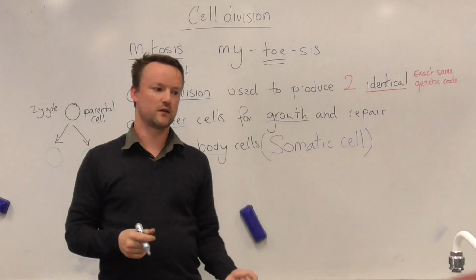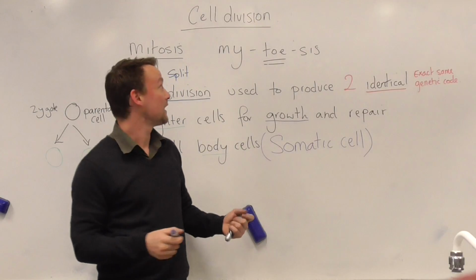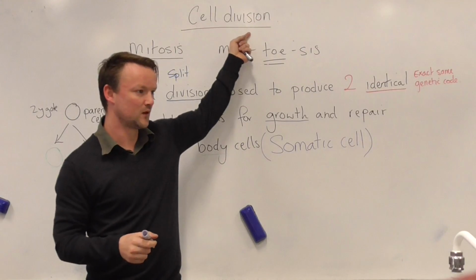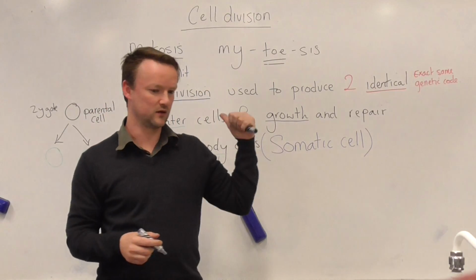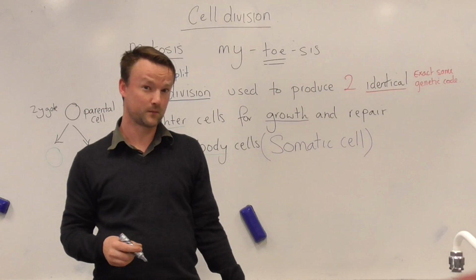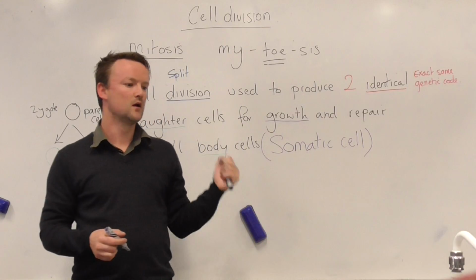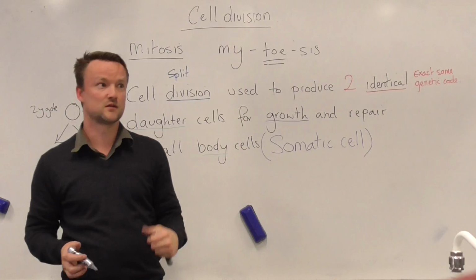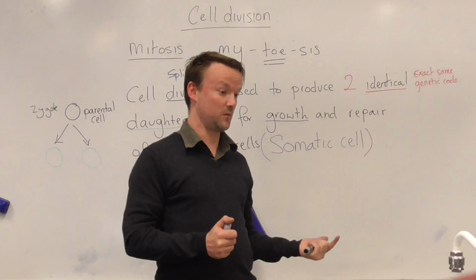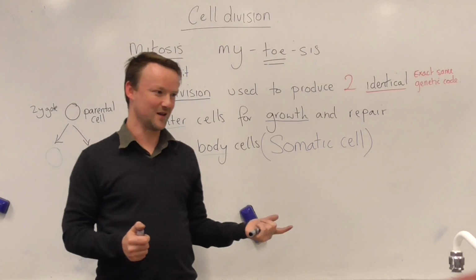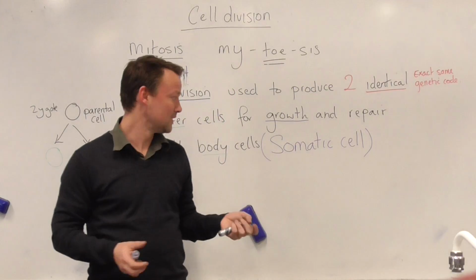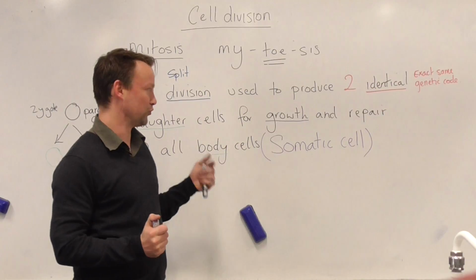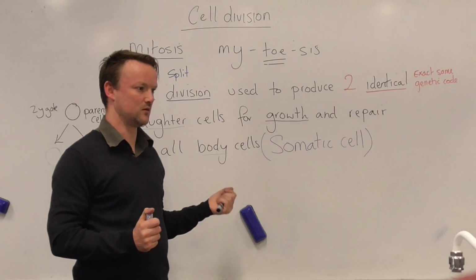The other type of cell that you need to know about has its own cell division, and it is sex cells. So the sex cells being your sperm for males, or pollen in plants, and your ova or eggs in female plants, and in some plants, and in females as well. Okay, so you'll get that in the next video about sex cells.